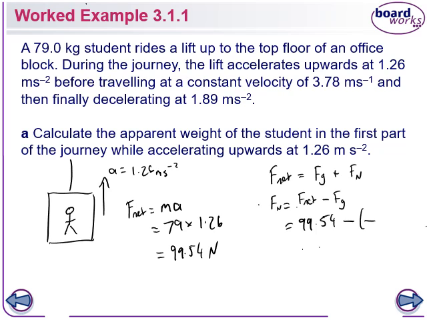And so, what is Fg? 79 multiplied by 9.8. So in total I get 873.74.